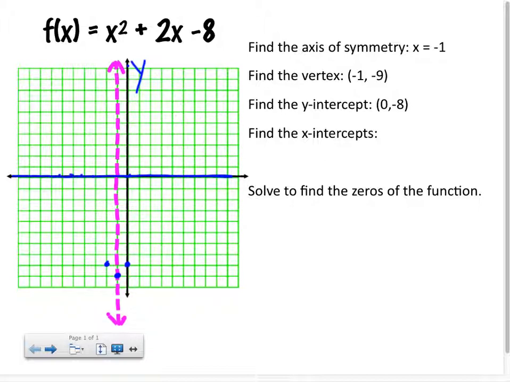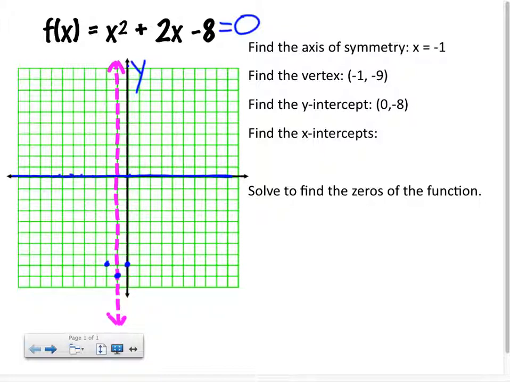Your y value is 0. And since your y value is 0, anytime your function crosses that x-axis, your function value has to be 0. What does that mean? It means this whole thing equals 0 when it crosses that x-axis.